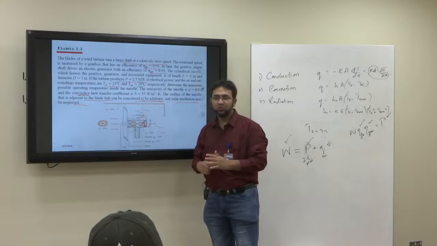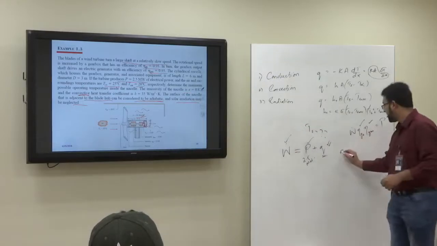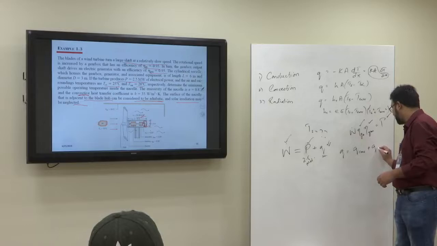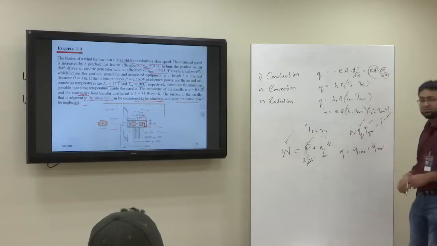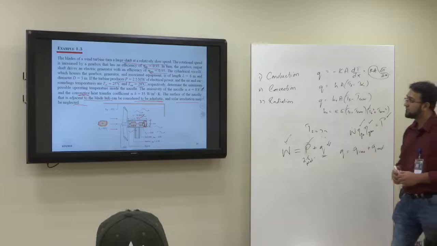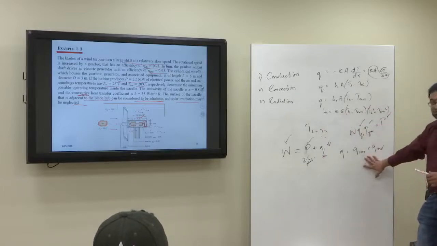So this Q is basically Q convected plus Q radiated. Is it clear? We neglect that, that's a solar irradiation. Okay. Is it clear?